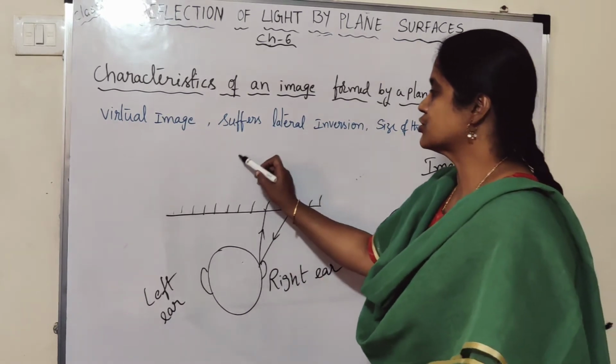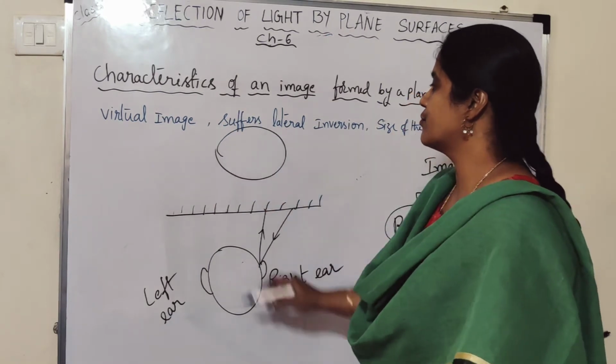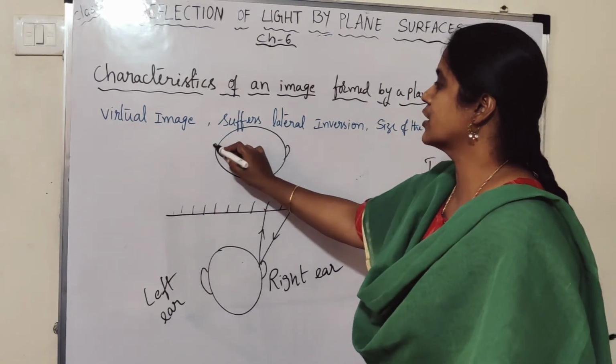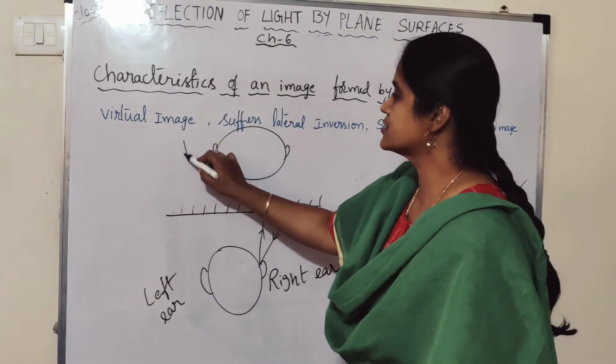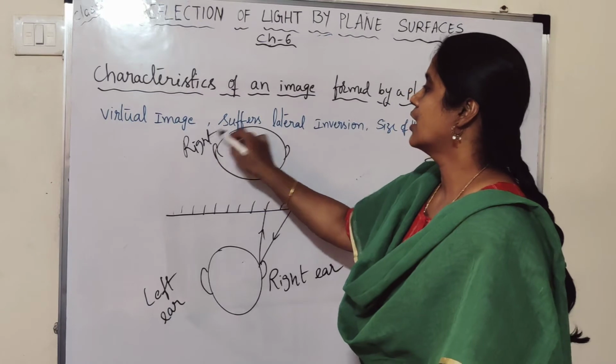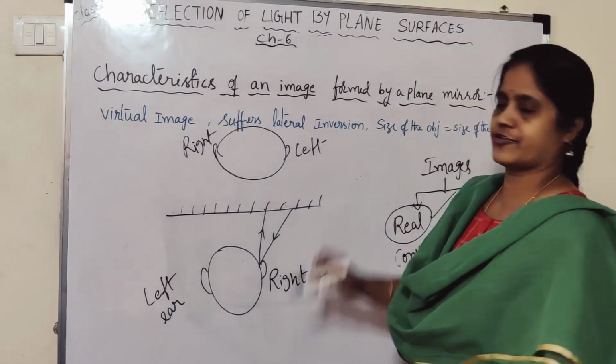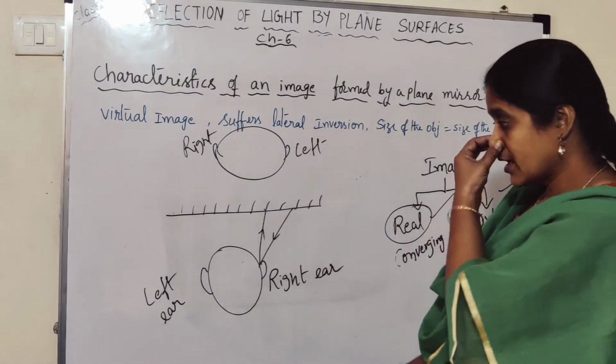When it reflects, you get the image in the mirror. Again here also you will get the same left to right. For this position, this is the right and this is the left in the image.